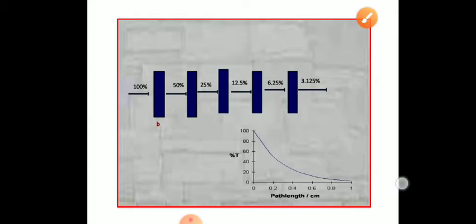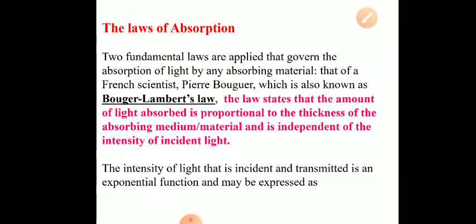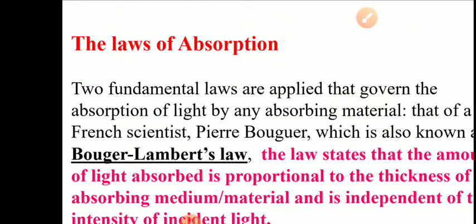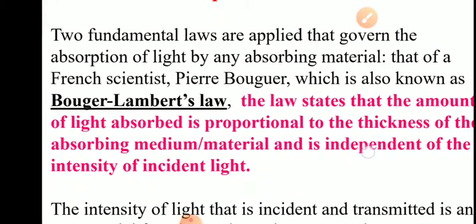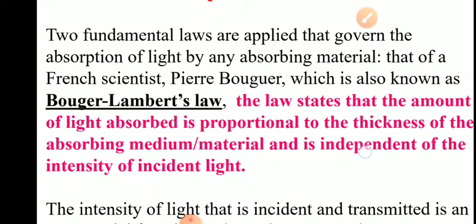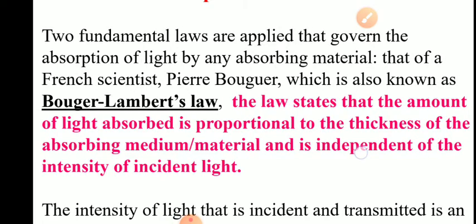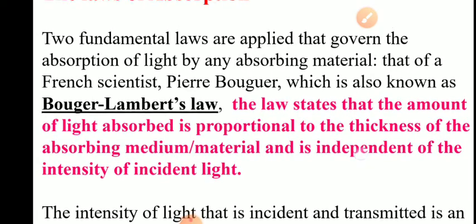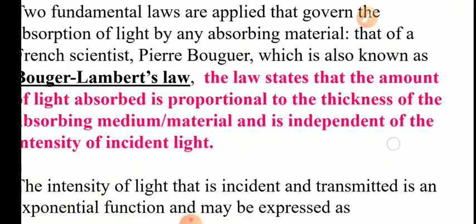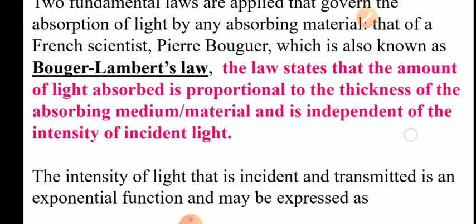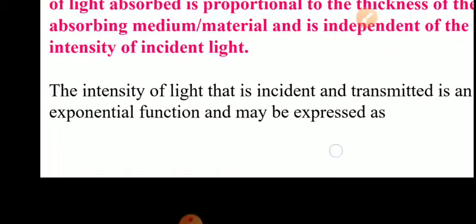Let us again study what is the Lambert-Bouguer law. Two fundamental laws govern the absorption of light by any absorbing material. The first law was given by the French scientist Pierre Bouguer, also known as the Bouguer-Lambert law. It states that the amount of light absorbed is proportional to the thickness of the absorbing material and is independent of the incident light.